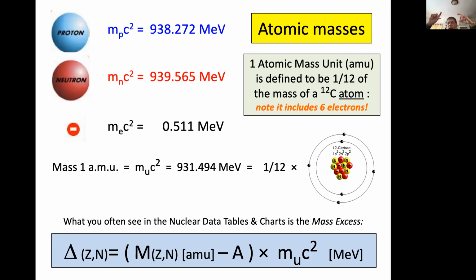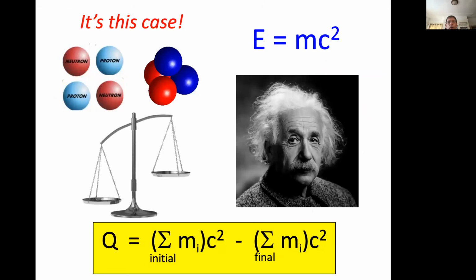But if I do the same calculation with height excesses, I get the same answer because the average value cancels out. So when you actually go to calculate a Q value, you can simply go to the chart of the nuclides, and we'll look at this one more time, and add and subtract mass excesses, and you've got it nailed.